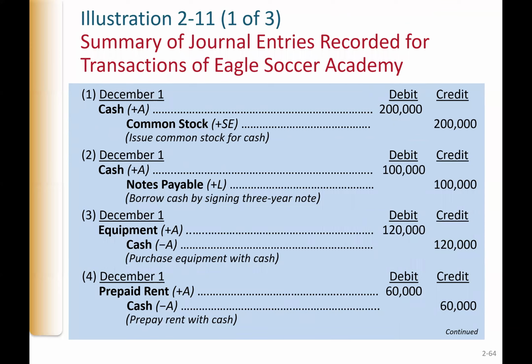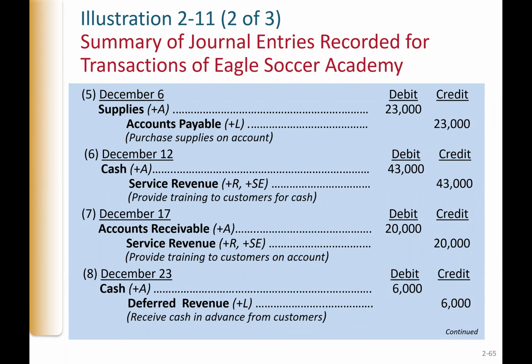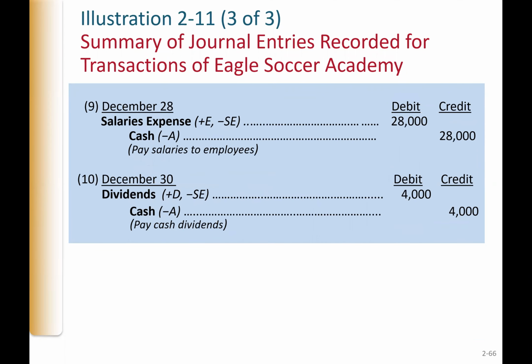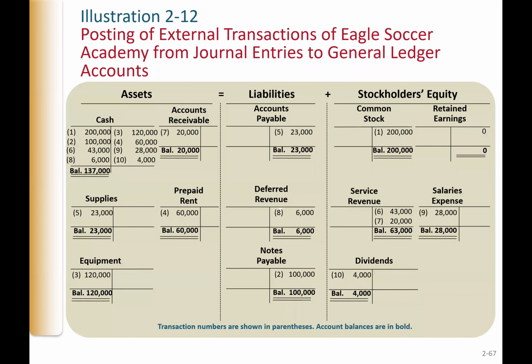So guys, here is a list of all the journal entries. What we debited always goes first, and then what we credit goes next with each transaction. Then this slide right here shows a list of all our accounts.